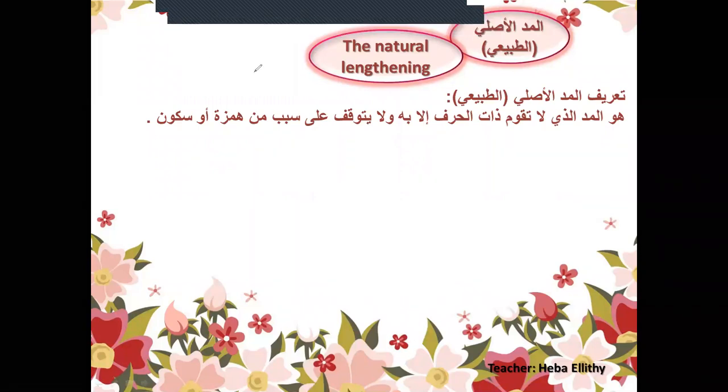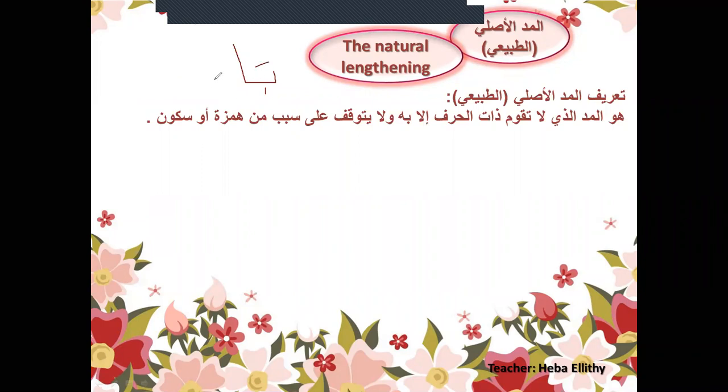What does this mean? That means if I say ba, this is ba. If I put alif here for the mad, I will say baa, right? If I didn't stretch this alif with the right natural length, this letter will be cut.